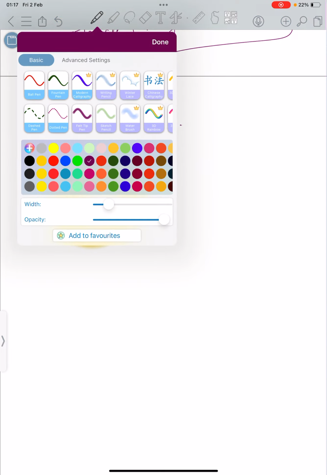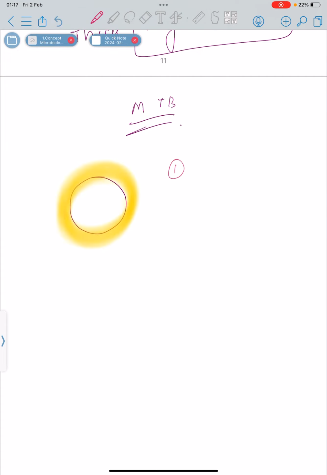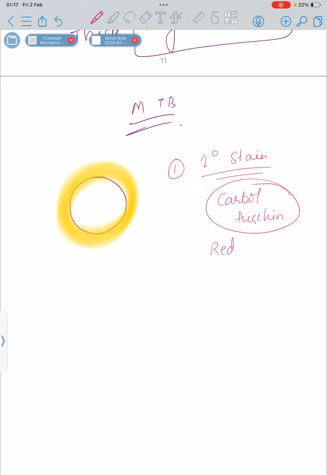In the case of MTB, which has a mycolic acid rich layer, there are 3 steps that we follow. Number 1, primary staining. We apply carbol fuchsin, which is, again, you know the color, right? It is red in color. And as I told you, it is very thick, so just applying stain will not work.